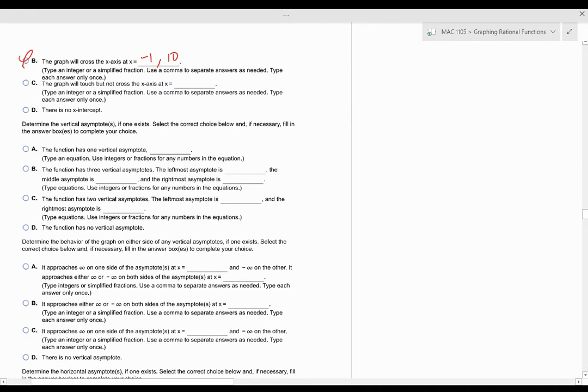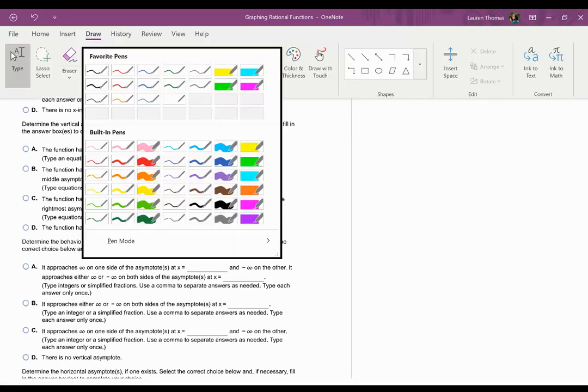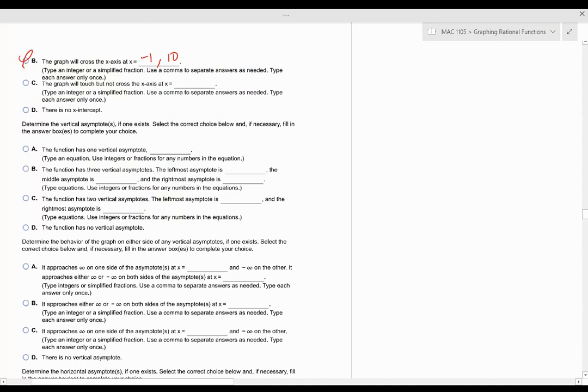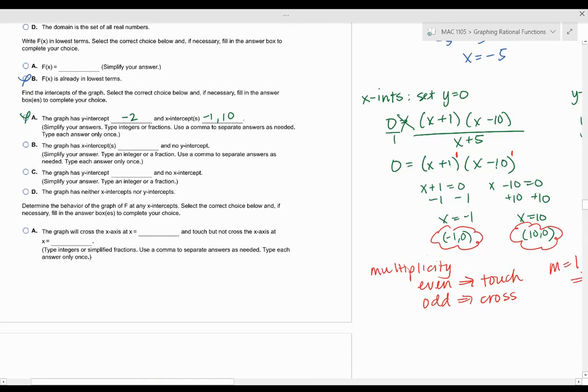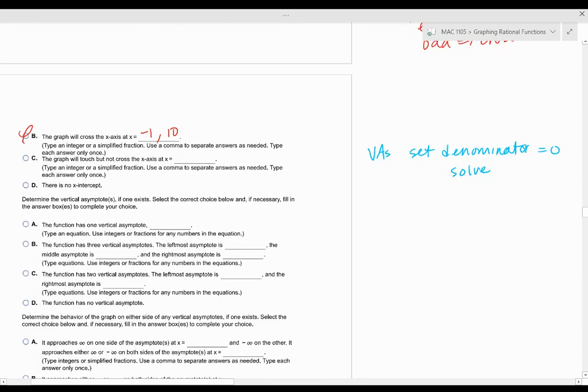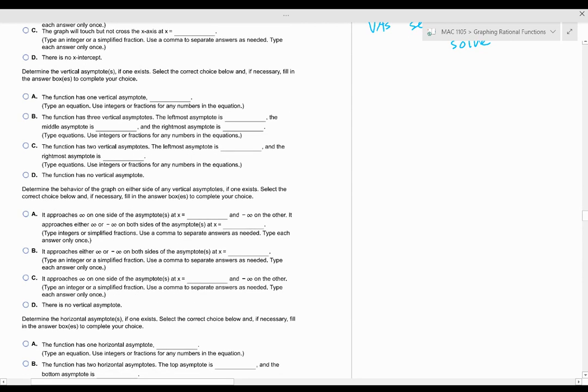The next thing they want us to do is find vertical asymptotes. By now you should know that to find them, you set the denominator equal to 0 and then you solve. Our denominator was x plus 5 equals 0.